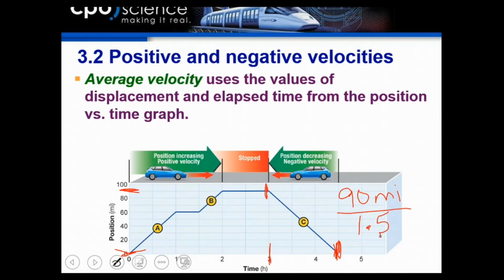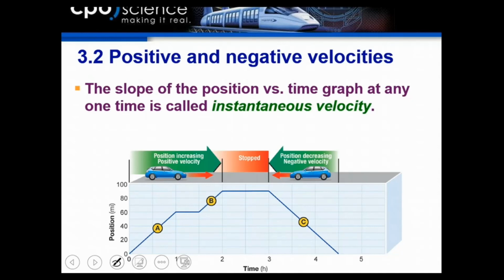So if we divide that on our calculator, that would be 60 miles per hour. Okay, so now we want to talk about the slope of a position versus time graph at any one time, and that's going to be called the instantaneous velocity.